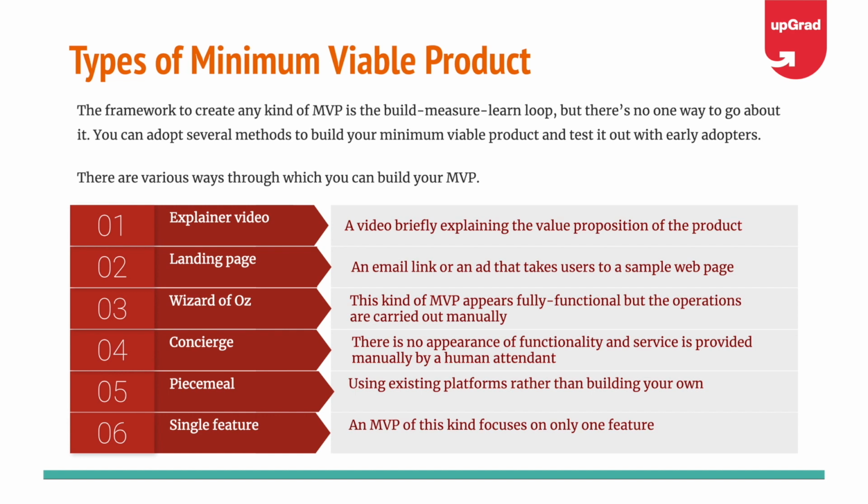Wizard of Oz is basically an MVP which appears fully functional, but the operations are carried out manually. So for the customer, or the ones whom you are trying to test this product on, it will look like a fully functional product, but it is actually manually carried out. Let me give you an example.